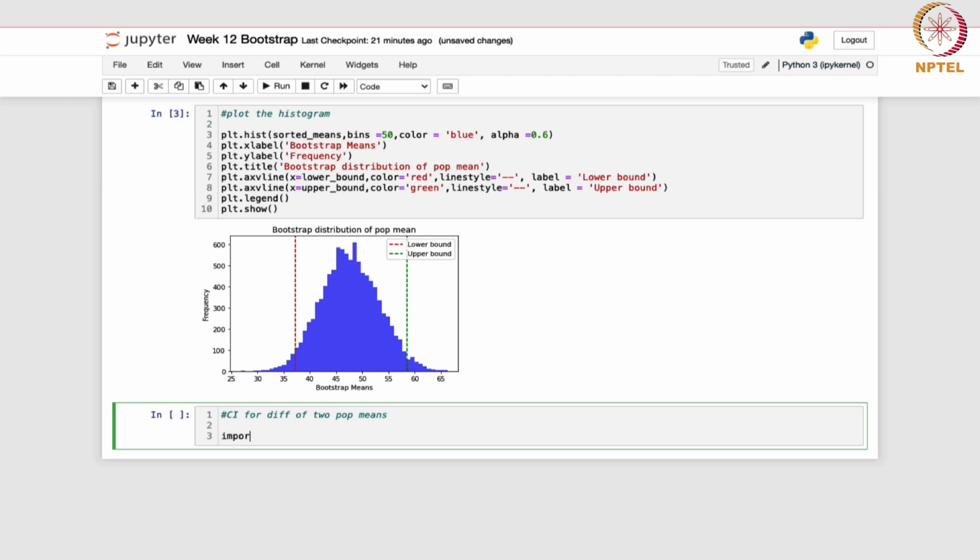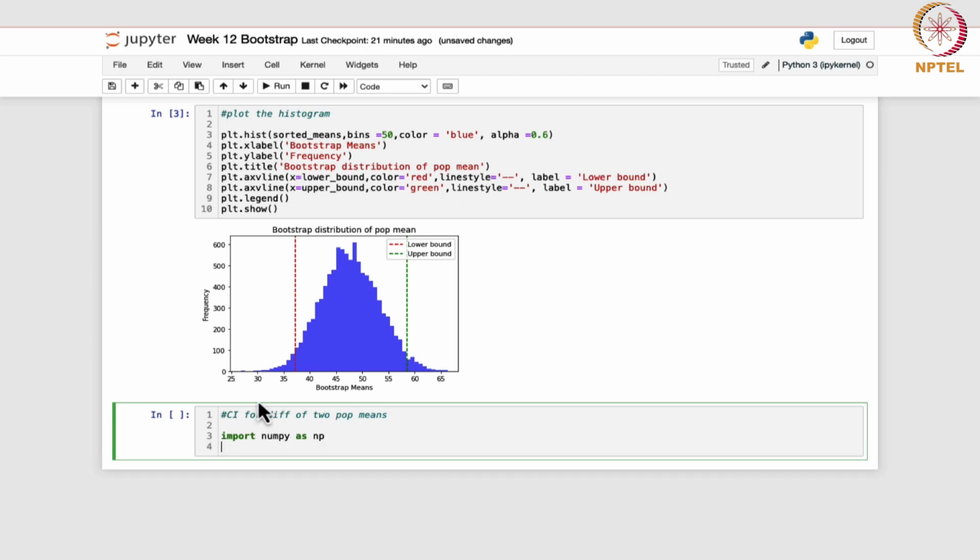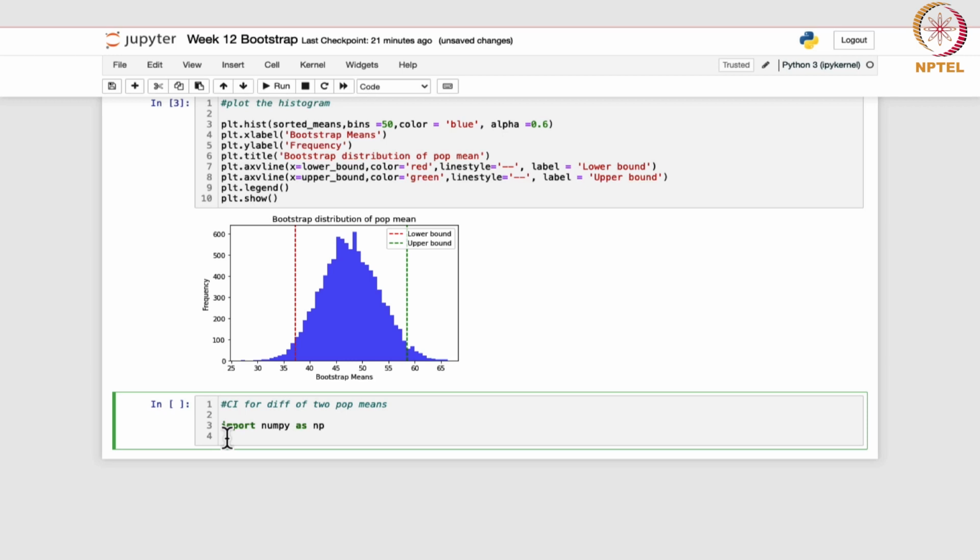So again, we will be importing numpy as np. Although you have already imported it, I am rewriting it so that you know from where to start whenever you are writing any code. And matplotlib.pyplot as plt.